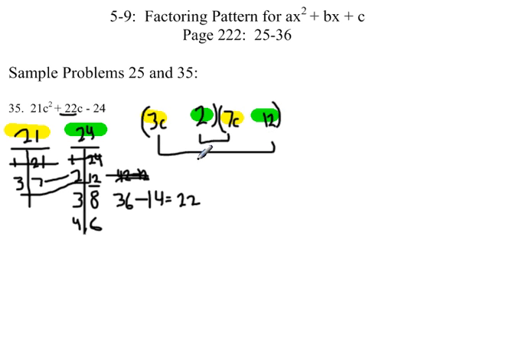And since this is 36, and this is 14, my goal is a positive 22. So it's going to be plus 36 minus 14. So drop your signs in place, and you've found your answer to number 35.